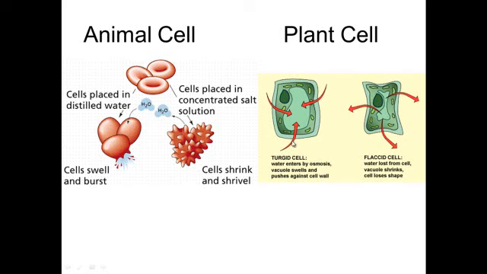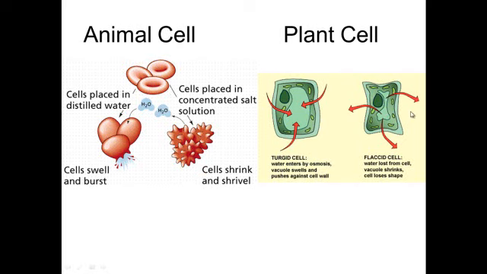Plant cell, if it's placed in distilled water, the water will come into the cell. Because the plant cells have a rigid cell wall, it prevents the cell from lysing, so the cell just becomes turgid.